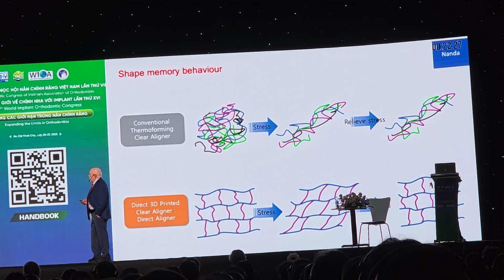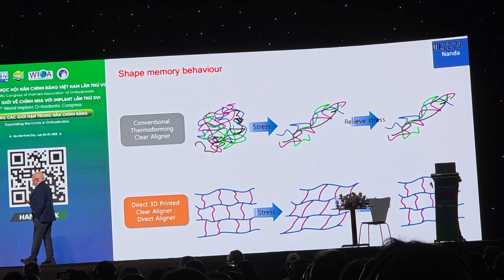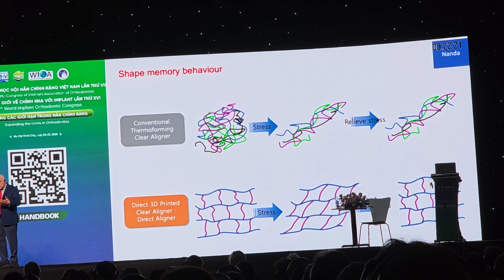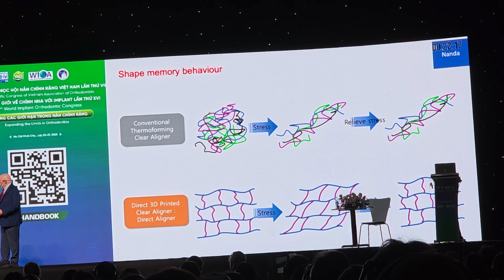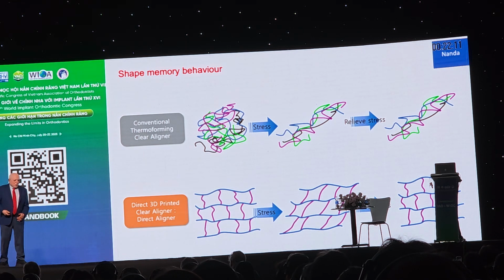You can see there on the top, thermoform aligners, when you apply stress, you can see the shape never changes back to its original. 3D printed aligners, stress, deformation, remove the stress, everything goes back.